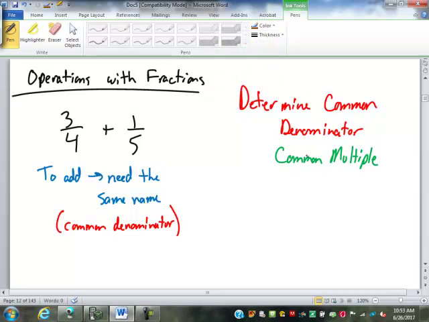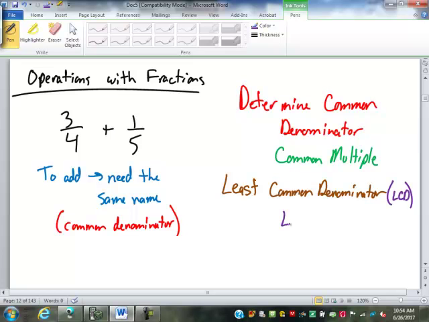Now, throughout all of elementary school, you were taught that you had to find something called the least common denominator, which was abbreviated LCD.